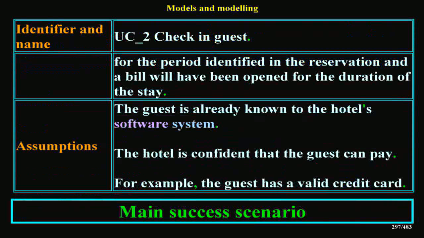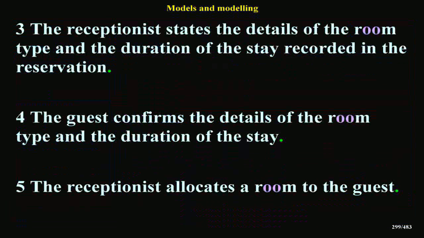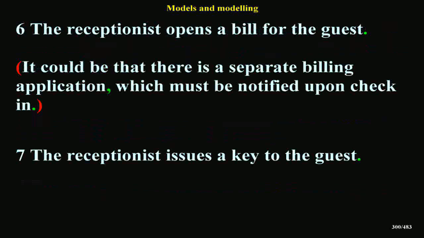Main success scenario. 1. The guest provides a reservation reference number to the receptionist. 2. The receptionist uses the reference number to find the reservation. 3. The receptionist states the details of the room type and the duration of the stay recorded in the reservation. 4. The guest confirms the details of the room type and the duration of the stay. 5. The receptionist allocates a room to the guest. 6.